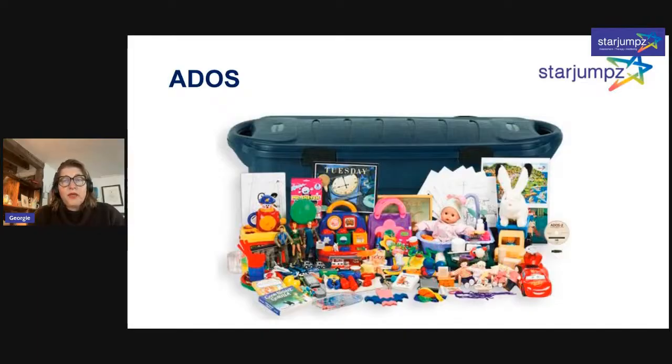Most of the time we're doing what we call a module 3, which involves some play with toys, a puzzle, looking at a book, looking at a picture, some chatting, creating a story, a demonstration task, looking at some cartoons. The older children and young people don't do the play bit, and it's more talking. But they will still do the book, the picture, creating a story, and the cartoons and the demonstration task. And we work through that.